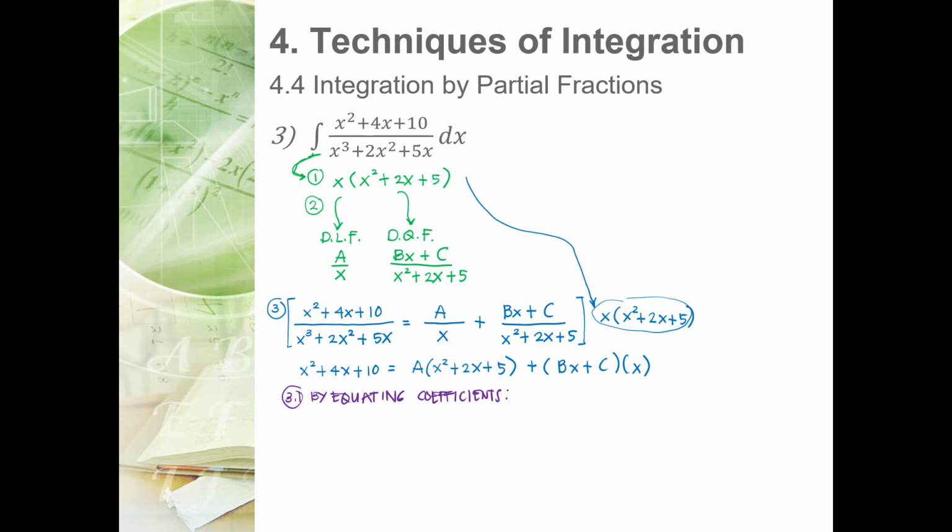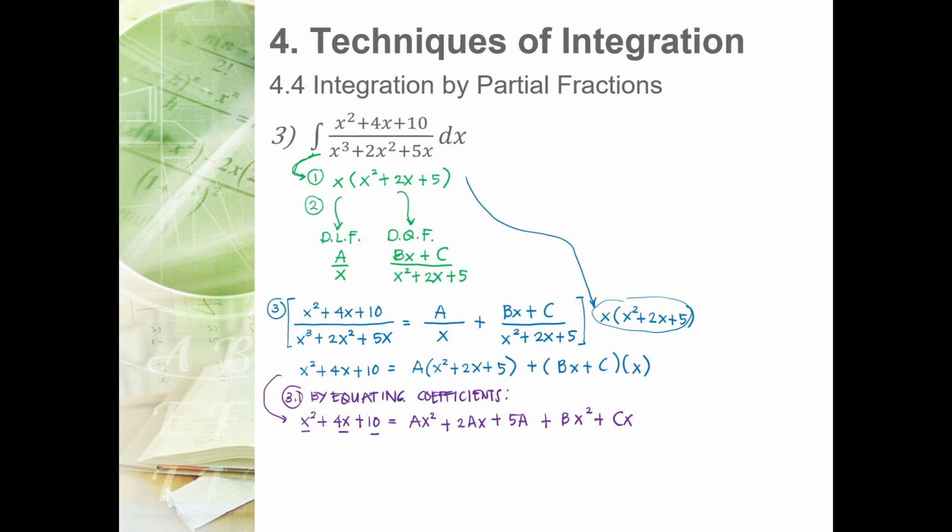We need to expand the term above. So this gives us x squared plus 4x plus 10 is equal to ax squared plus 2ax plus 5a, then plus bx squared plus cx.